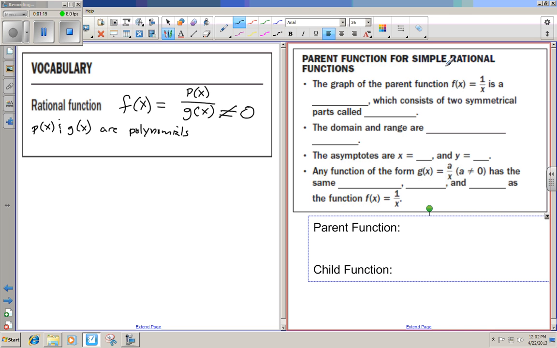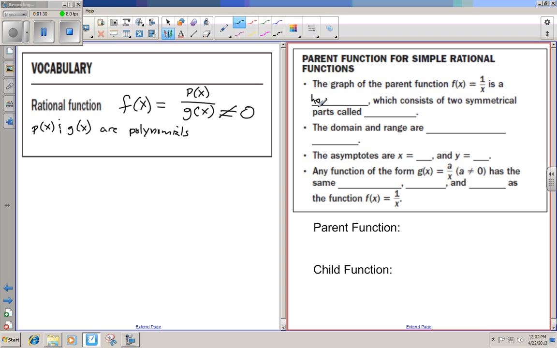So, rational functions. The parent function for a simple rational function looks like this. The graph of the parent function is a hyperbola, which consists of two symmetrical parts called branches. The domain and range are all non-zero real numbers.